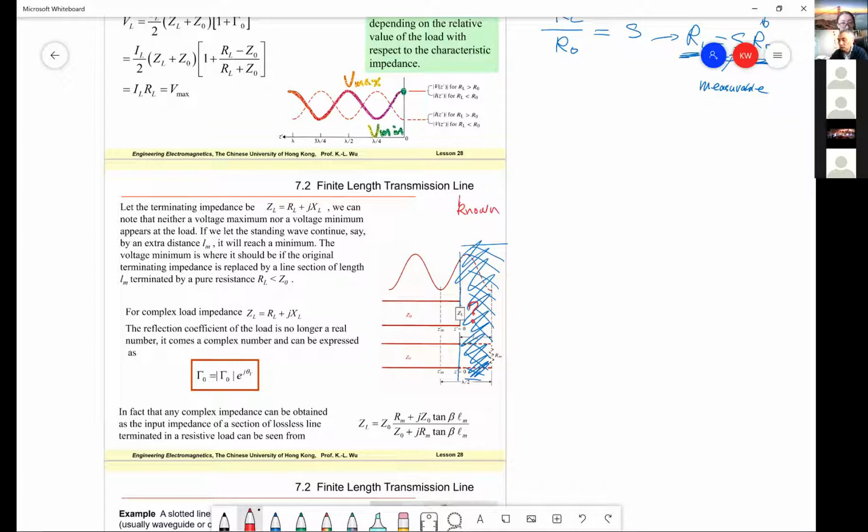What is known is the standing wave ratio and the characteristic impedance for this transmission line.